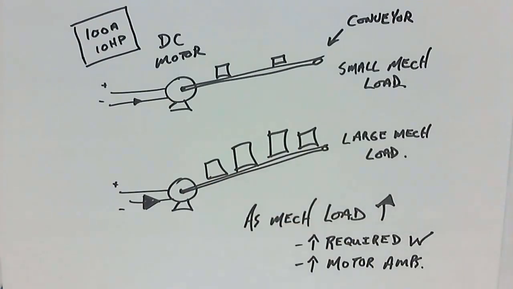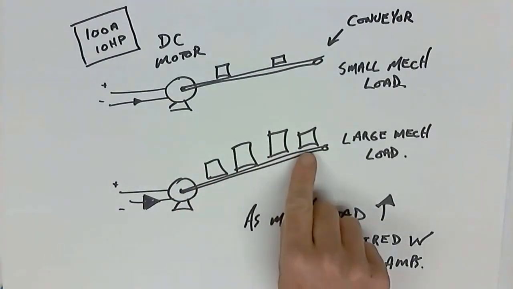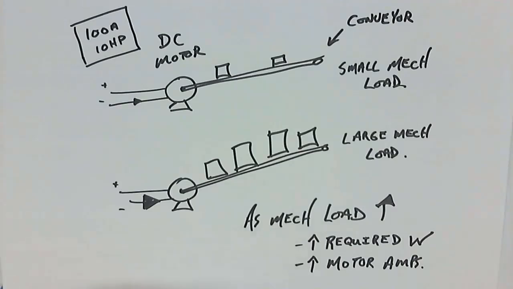So if I have less than 10 horsepower that's being driven by the motor, it will draw less current. If I have more than 10 horsepower, then the motor will draw more than its rated current, so over 100 amps. And so it really is dependent on how the motor is being used in the circuit.